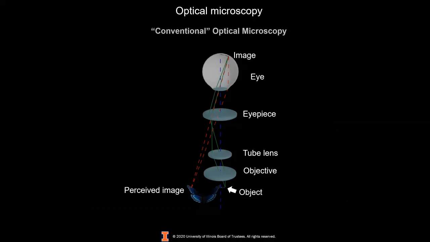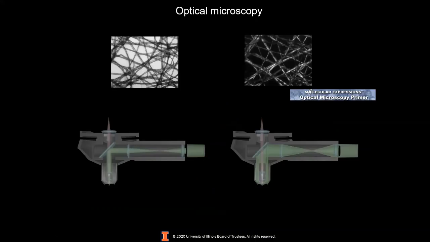Most commonly, the object is illuminated either from the top, and we use the light directly reflected from it, or from the bottom, and we use the transmitted light through it. Some samples are not very easily visible by directly illuminating the sample, so to observe those, other contrast methods are required.